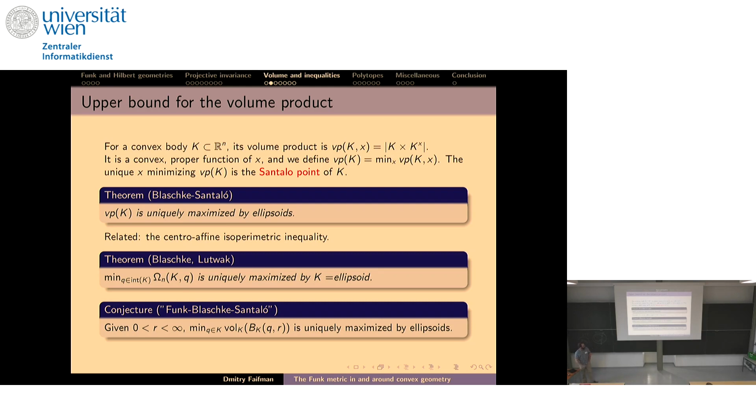And so it's natural to conjecture that for any given radius, if you minimize this volume over the center points, this functional of k will be uniquely maximized by ellipsoids. So, that's a conjecture.